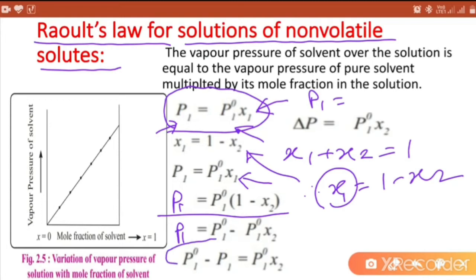This P1 0 is shifted to the left hand side, and the equation becomes P1 0 minus P1 is equal to P1 0 x2.